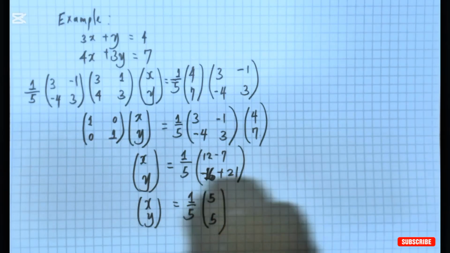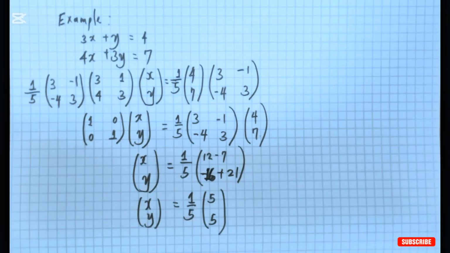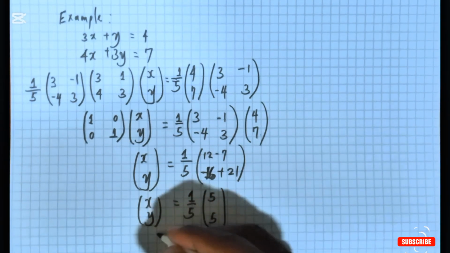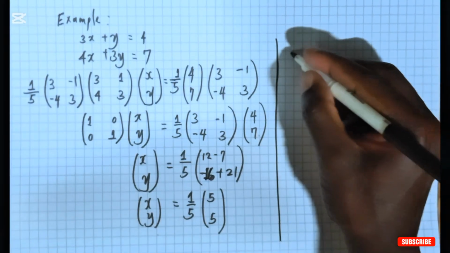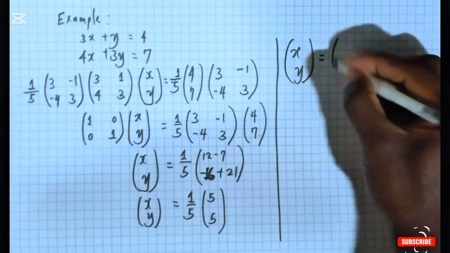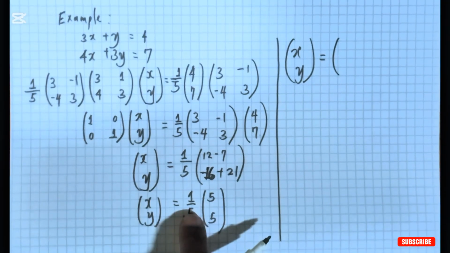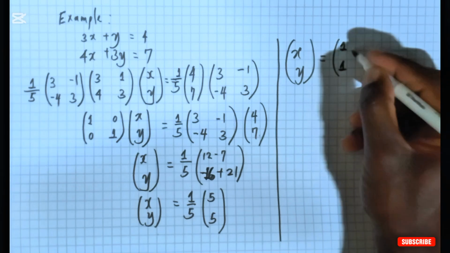So this requires us to multiply the scalar by whatever we have here. When you multiply this matrix by the scalar, 1 over 5, we're going to have 1 and 1.